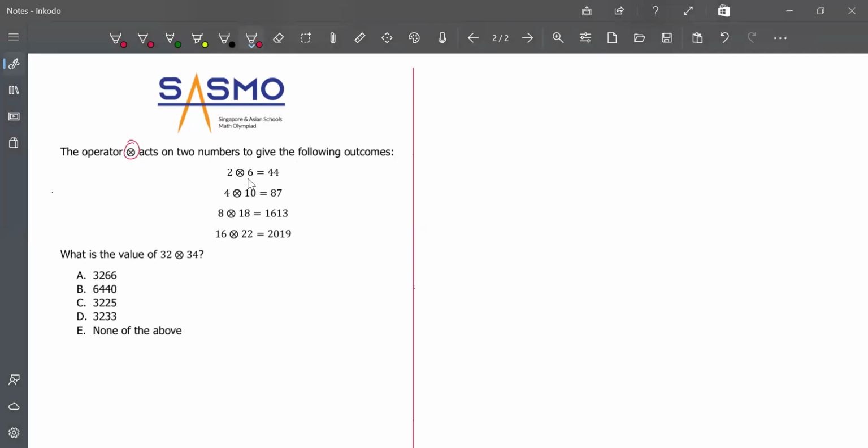If 2 tensor 6 equals 44, and 4 tensor 10 equals 87, and 8 tensor 18 equals 1613, and 16 tensor 22 equals 2019. So it wants to know the value of 32 tensor 34. Yeah, the answer is in there.